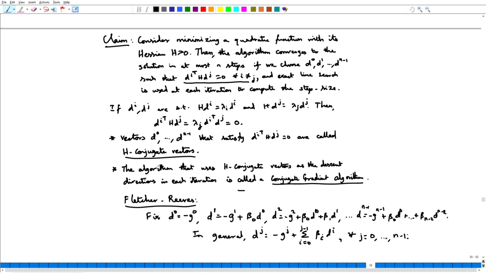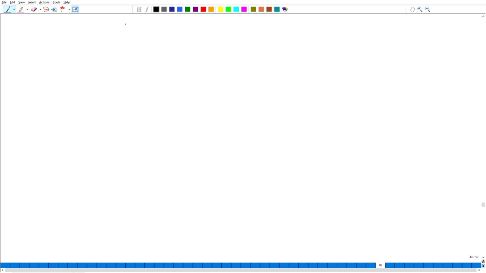So, we will have to figure out what beta i is. We will figure that out in such a way that these dj's actually satisfy di transpose H dj equal to 0.